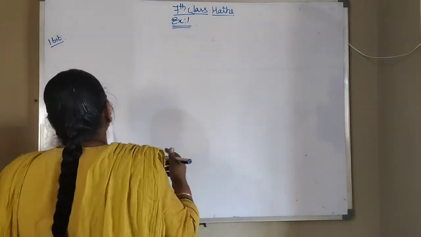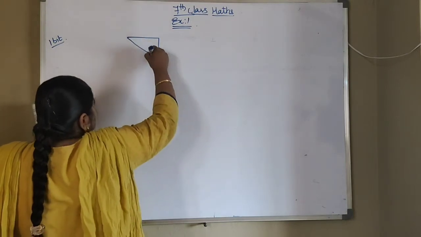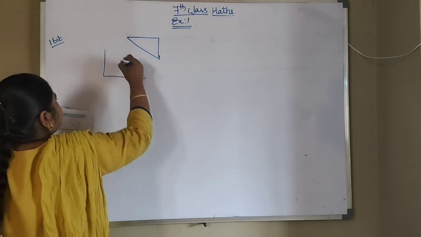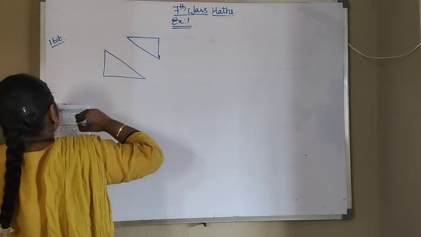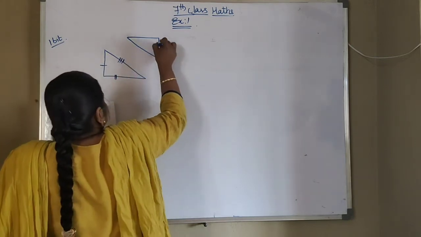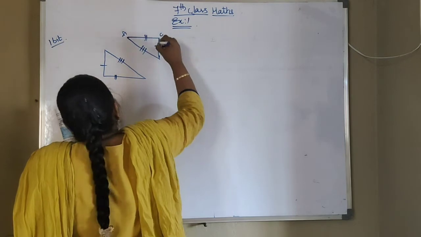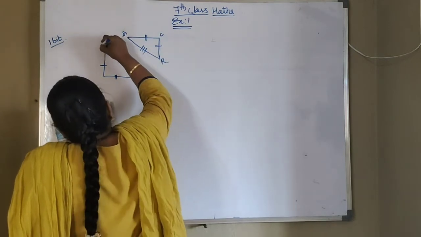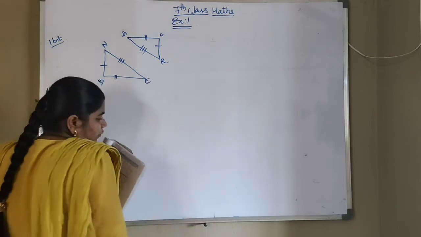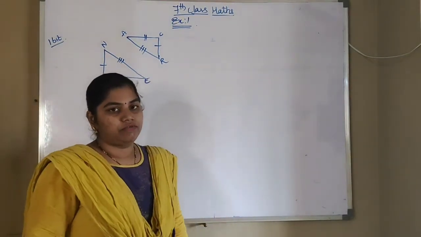So what are the figures here? So this is the first figure they have given. So whether they are congruent or not, we have to check.